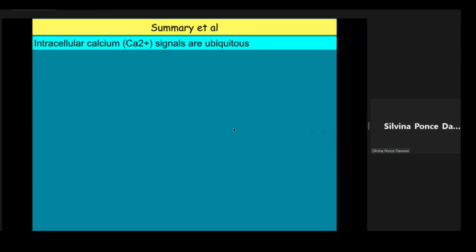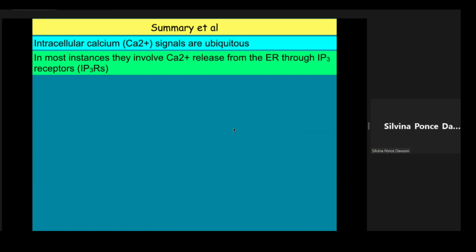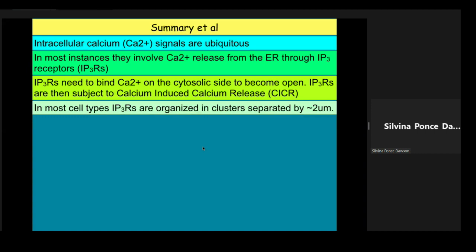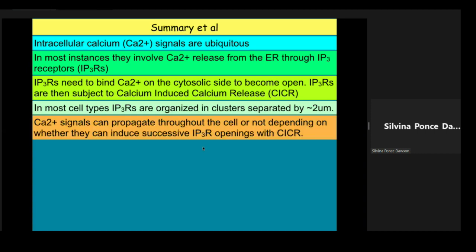And so going to the summary, calcium is ubiquitous, and in many cases involves calcium release through IP3 receptors, and you have CICR in this case. And in many cell types, you have these IP3 receptors that are organized in clusters.